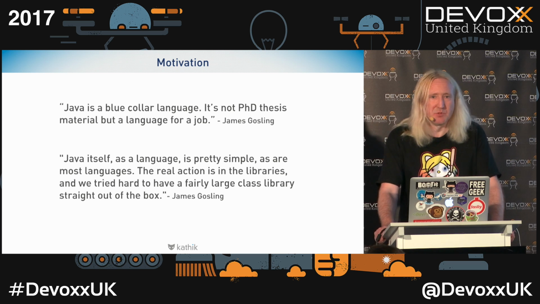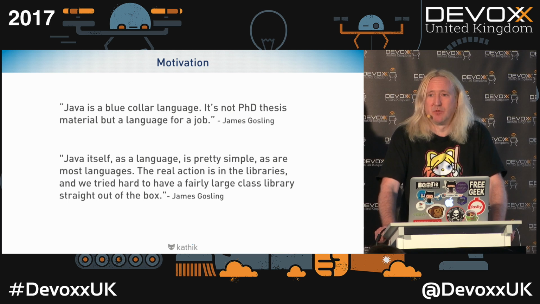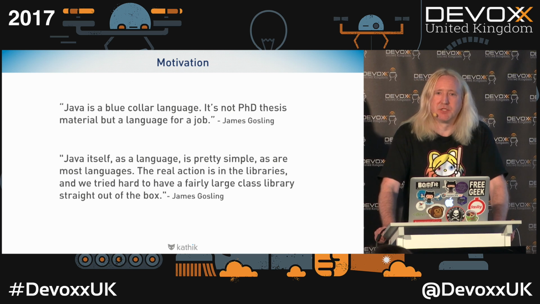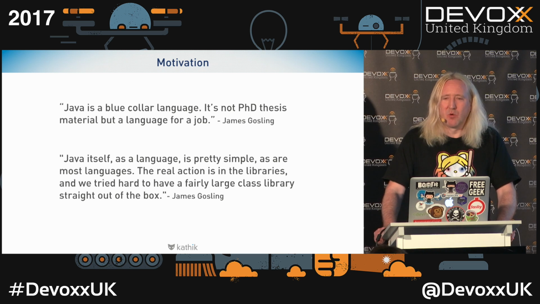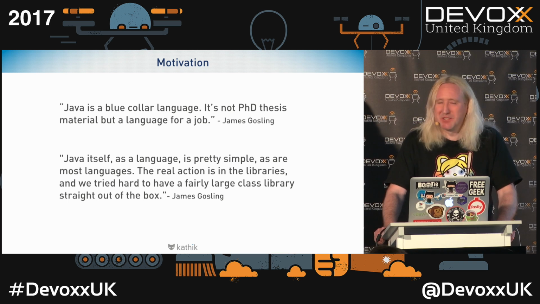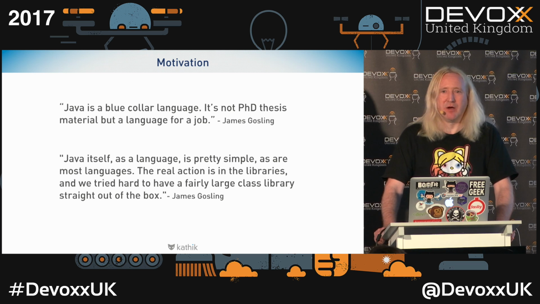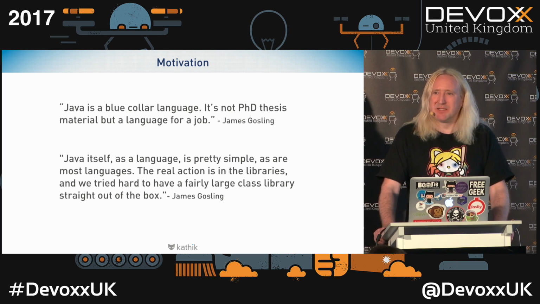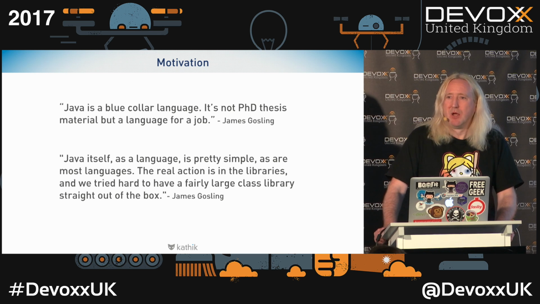And James has also said, the other quote which I thought about putting on this slide, that if he didn't know the right way to implement a feature in the language, he would rather leave it out and wait until he was sure. So you can complain about backwards compatibility, you can complain about the rate of change of Java, but this is not an accident, and it's not because the people who maintain and shepherd the language are incompetent.